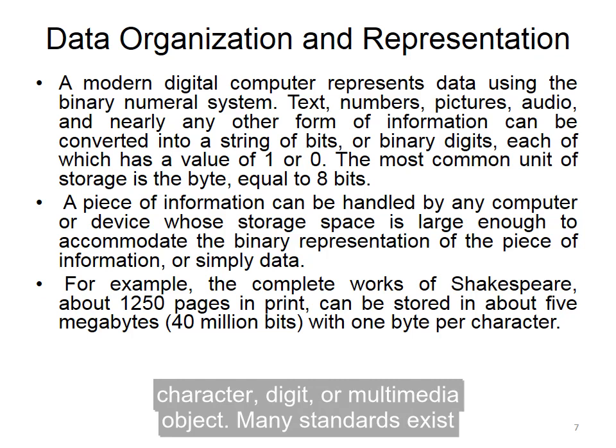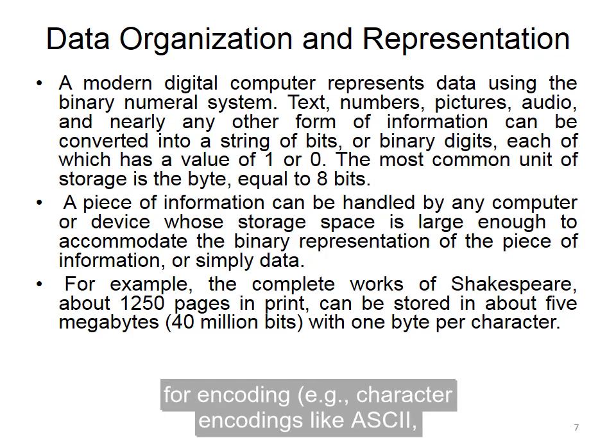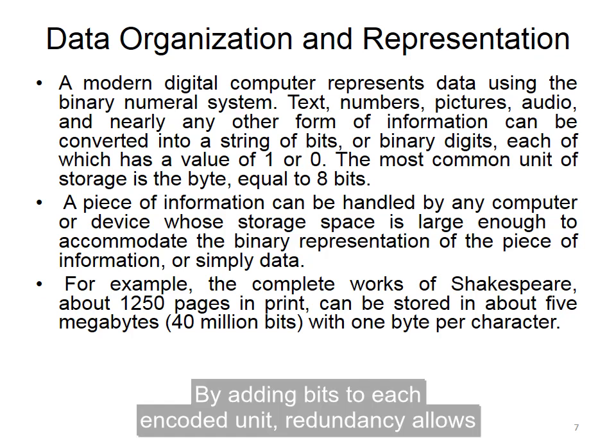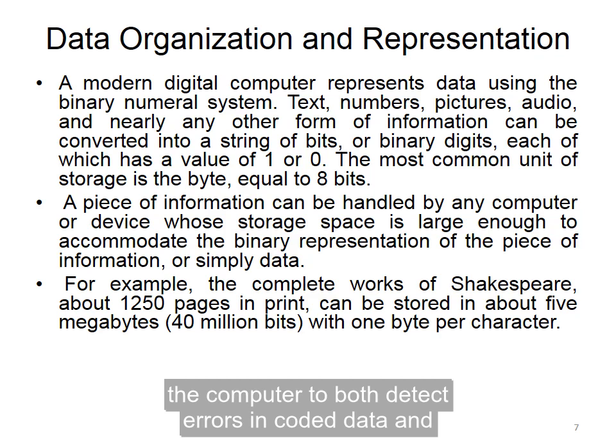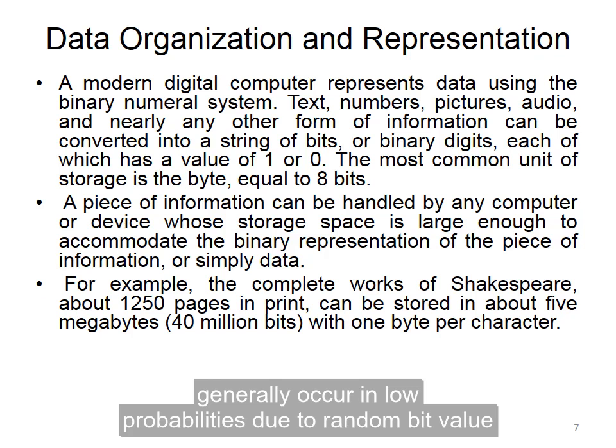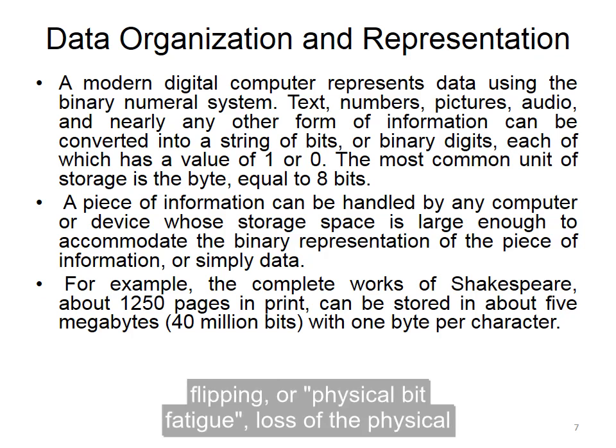Many standards exist for encoding, such as character encoding like ASCII, image encoding like JPEG, and video encoding like MPEG-4. By adding bits to each encoded unit, redundancy allows the computer to both detect errors in coded data and correct them based on mathematical algorithms. Errors generally occur with low probability due to random bit value flipping or physical bit fatigue.